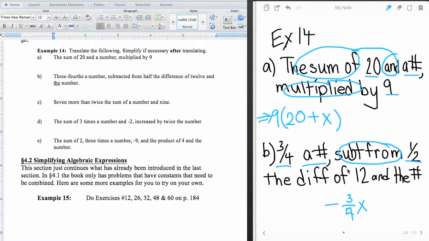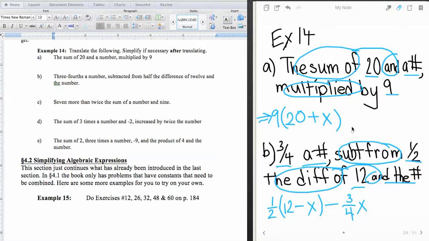We have 1/2 the difference of, so 1/2 and the difference of mean that we have multiplication going on, so 1/2 times, and then we have some difference, and that difference of 12 and the number, and difference of, remember, is subtraction that comes in the order that we see the numbers written, so 12 minus x, and so there we go on that translation.